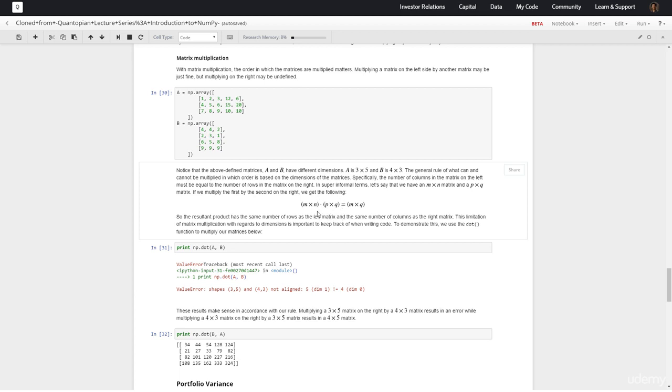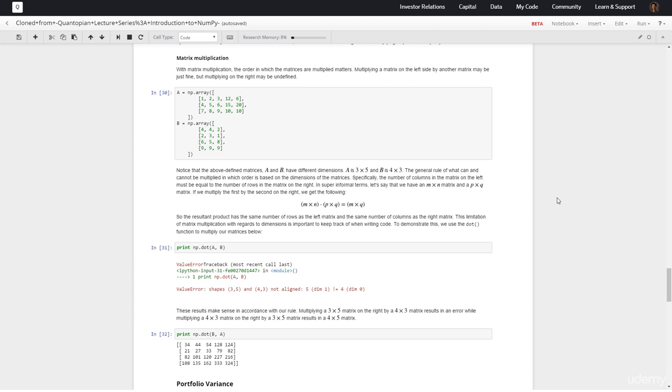So what we get, assuming n is equal to p, we get m times q dimension. So the resultant product has the same number of rows as the left matrix and the same number of columns as the right matrix. This limitation of matrix multiplication with regards to dimension is important to keep track of when writing code, otherwise you're going to get error everywhere.